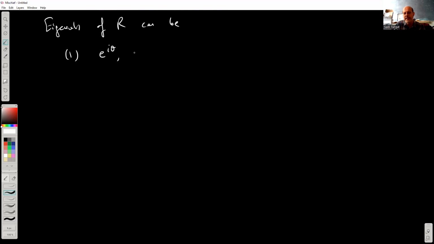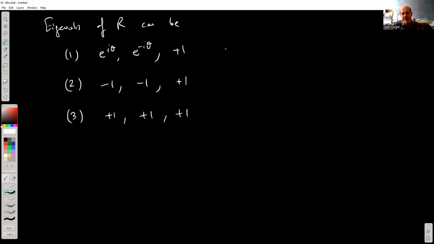If it has a complex eigenvalue, then two of the eigenvalues should be a complex conjugate pair, in which case the last eigenvalue should be +1. The second possibility is that there are two negative eigenvalues, in which case one of the eigenvalues should be +1. And finally, the third is that all the eigenvalues are equal to +1.